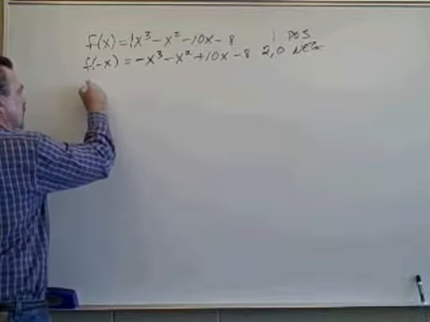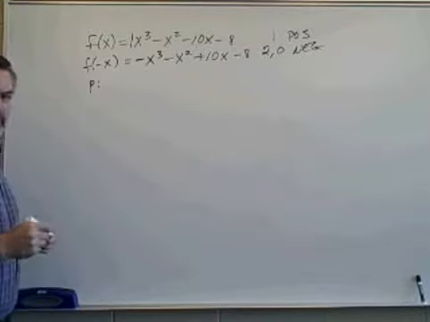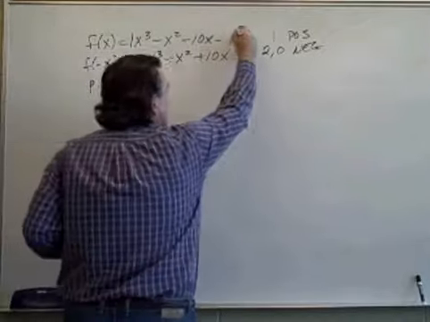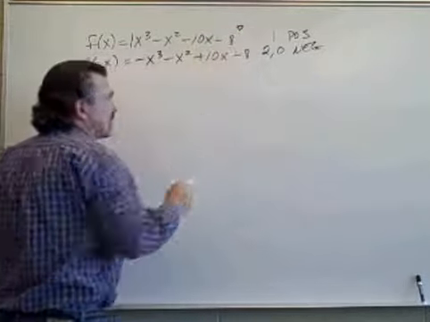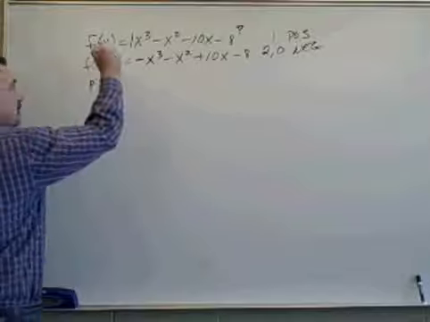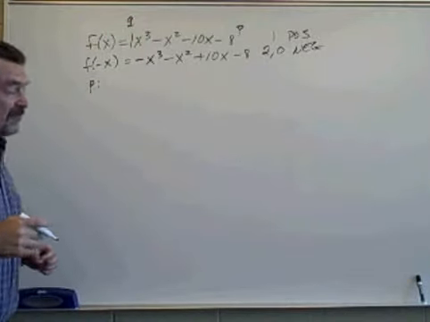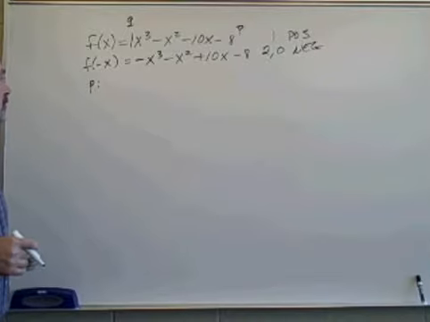So what we do is we form what we could call our P's and Q's. P is all of the factors of the constant. Q, those are all the factors of the coefficient of the highest power term.